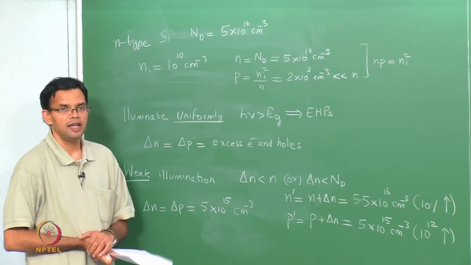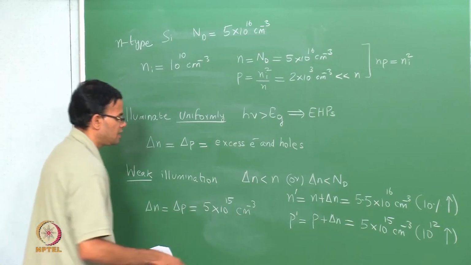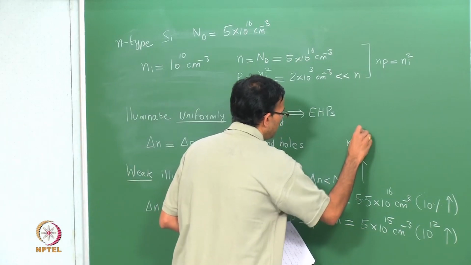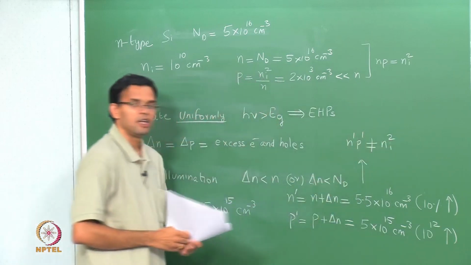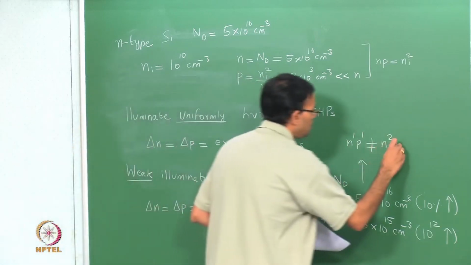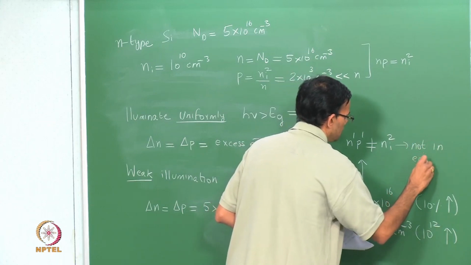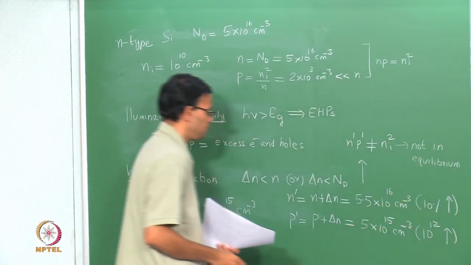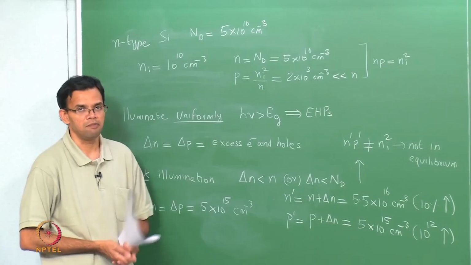When we turn off the light, we have all of these excess carriers, and we will find that n prime p prime is not equal to Ni square, because your system is not in equilibrium. So now when I turn off my light, all these excess carriers have to start to recombine.